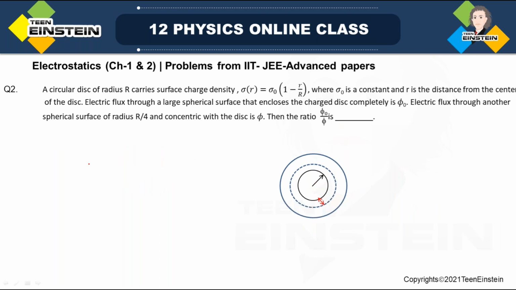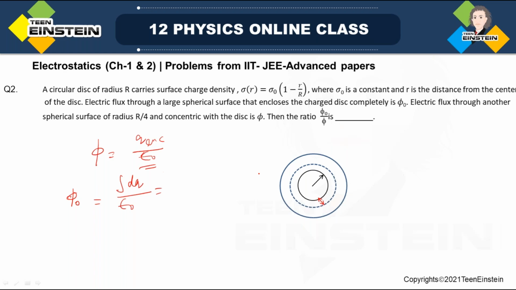So see, you have to find out electric flux. We know electric flux according to Gauss's law, phi is equal to the charge enclosed by epsilon naught. Here charge density is given, we have to find out the total charge enclosed by each spherical surface. Then things are done. So I can write for the first one phi 0, which is dq by epsilon naught.